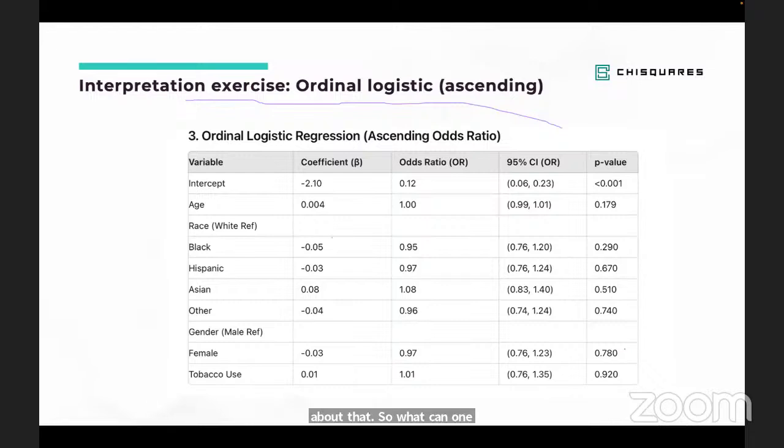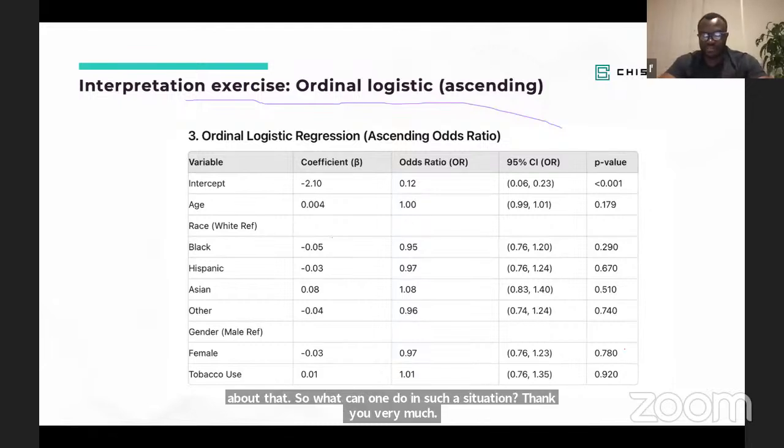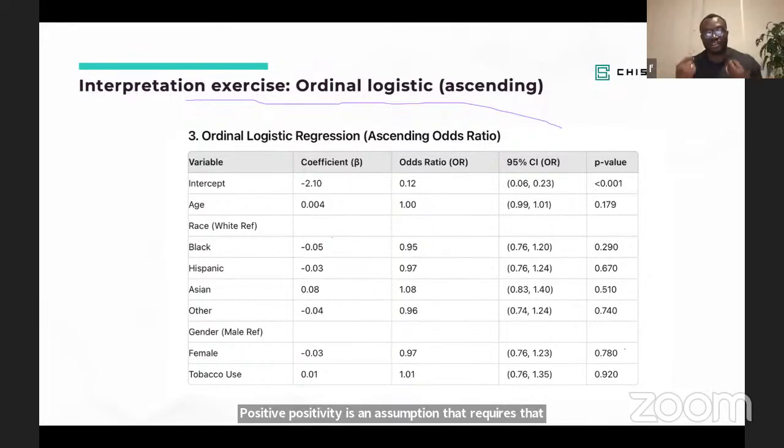Thank you very much. In that case, your study has violated a basic assumption of modeling, especially in the context of causal inference, what we call positivity. Positivity is an assumption that requires that every subgroup has a positive, non-zero probability of observing the outcome.